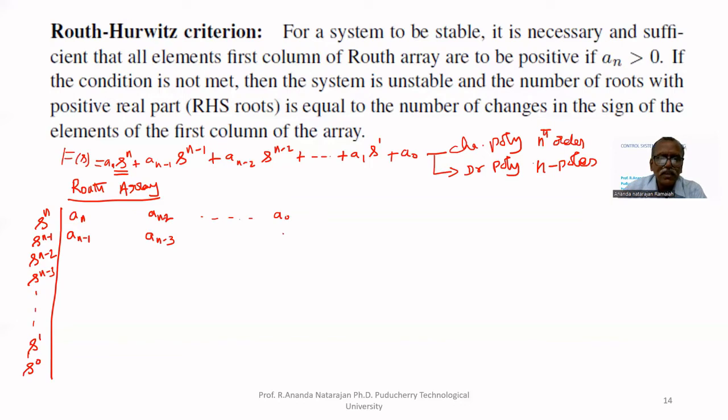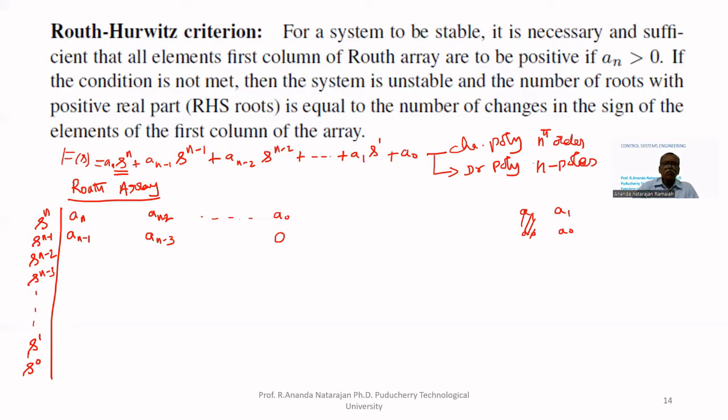So if it ends here, then we can put a 0 here. Otherwise, sometimes it may end like this, a1, a naught. It depends upon the number of coefficients: an even number of coefficients means it will end like this, a1, a naught. An odd number of coefficients means it will end like this.